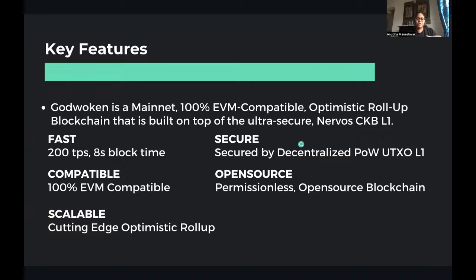So Common Knowledge Base is the layer 1, which is decentralized and secure, and then layer 2 helps with the scalability part. So overall, it is a huge technology machine, I would say, which Nervos has provided, and our engineers work really hard to make it open source, secure, scalable, compatible with the latest tools and technologies, and also as fast as possible.